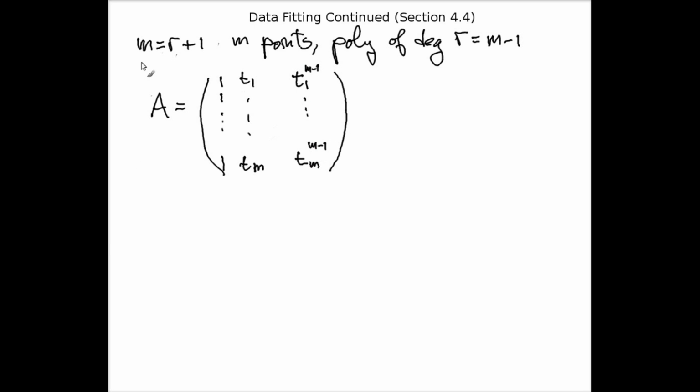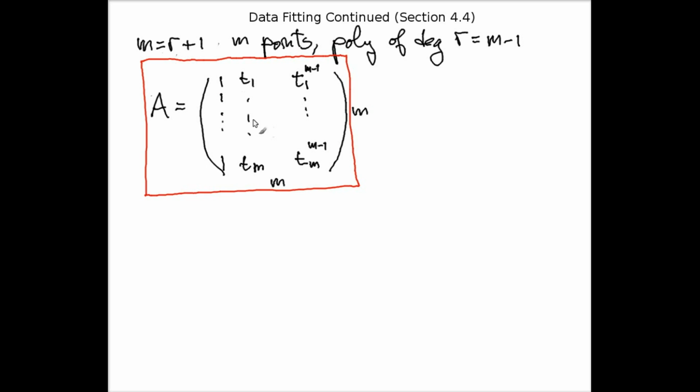This is the matrix which comes up. And let me remind you, this is an m by m matrix. So the powers here go 0, 1 up to m minus 1, and there's m rows.